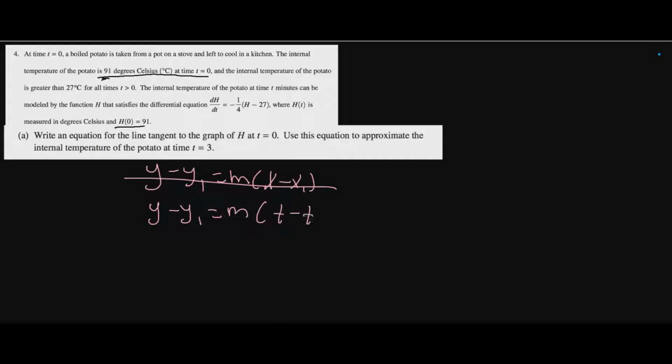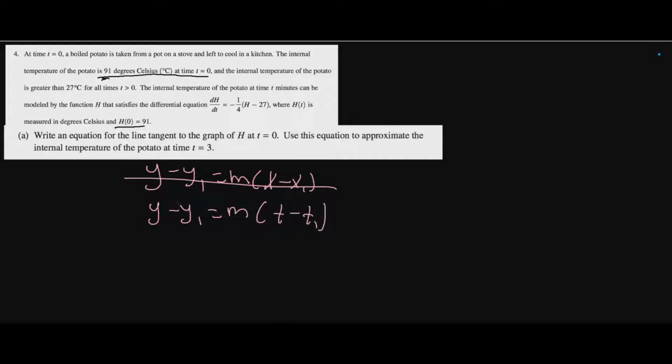Write an equation for the line tangent to the graph of h at t equals 0. Use the equation to approximate the internal temperature. So if we see equation of the line tangent, we know that's y minus y1 is equal to m times x minus x1, but yet again we are in t's, so we'll do y minus y1 is equal to m times t minus t1.